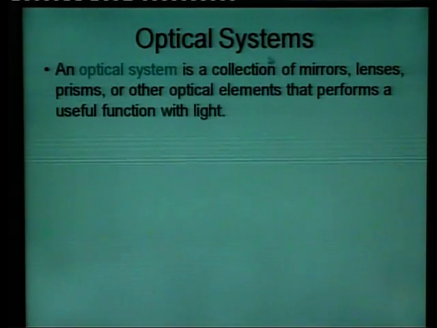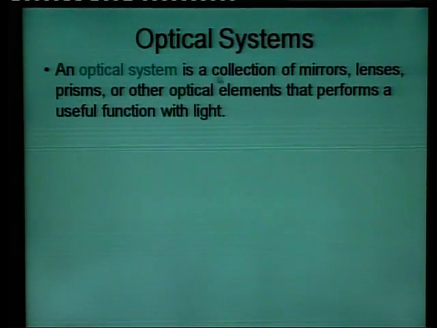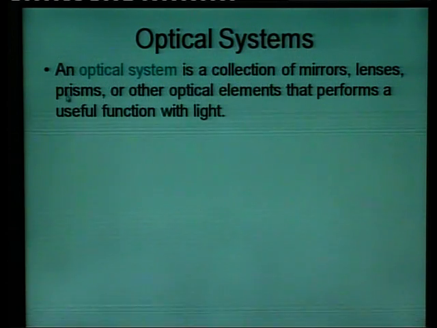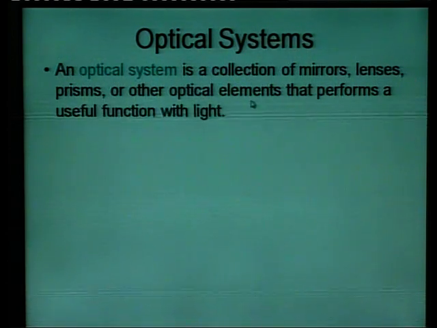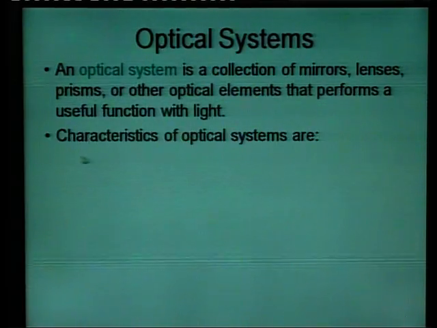Now what is an optical system? An optical system is a collection of mirrors, lenses, prisms or other optical elements that perform a useful function with light.